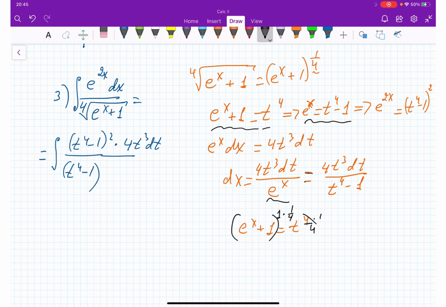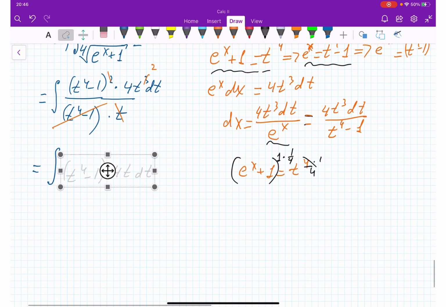Okay, what is going to be here? It's going to be t. So as a result, this square is gone with this t to power 4 minus 1. This t is gone with this t cubed, which becomes t squared. And the final shape of this integral is going to be t to power 4 minus 1 times 4t squared dt. And that's it. In the denominator we don't have anything left.